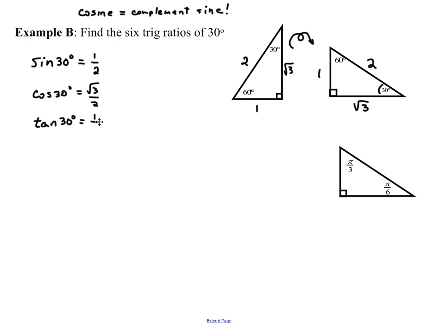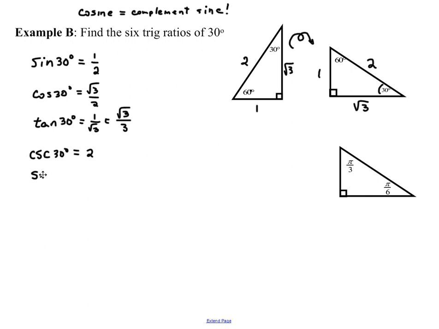That's 1 over the square root of 3 in this particular case, but we rationalize that denominator to make it square root of 3 over 3. And then we keep going. Our cosecant of 30 degrees, the reciprocal of sine, is equal to 2 over 1.